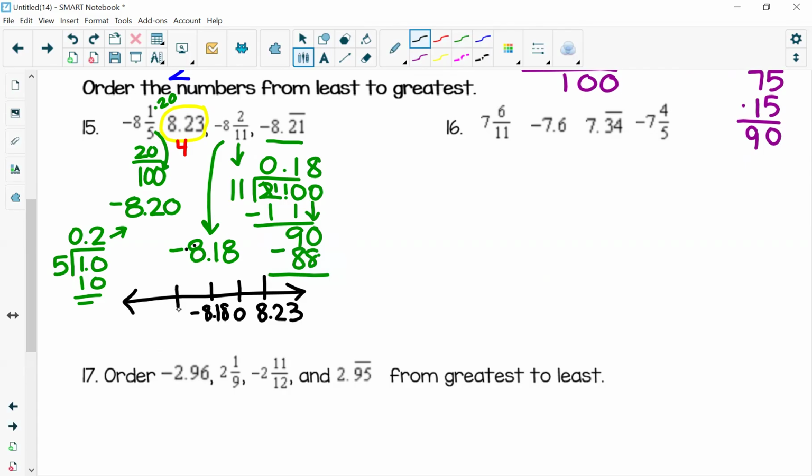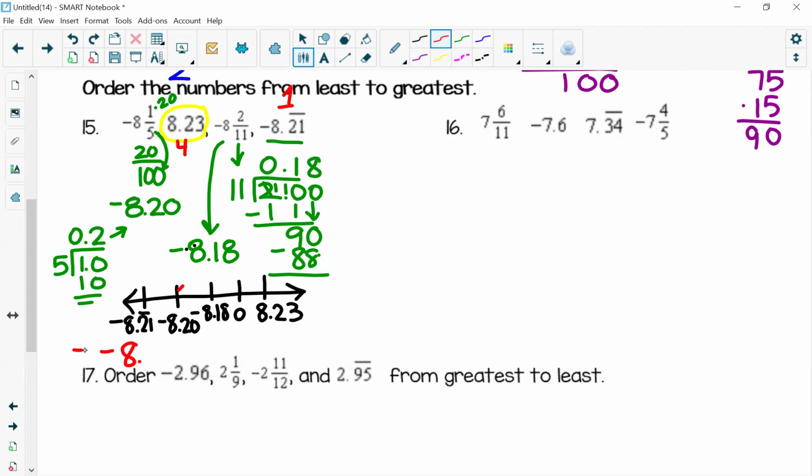Then I would go -8 and 20 hundredths. And then my last one, -8 and 21 hundredths. So now we can order them from least to greatest. So I need -8 and 21 hundredths, which is right here, which would be number 1. That's my smallest.